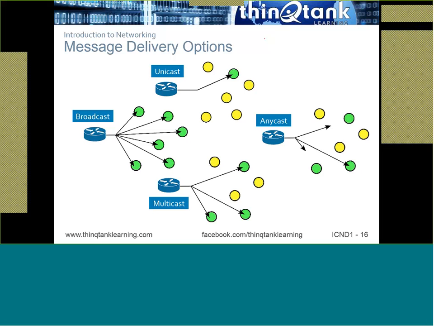All right? With Anycast, what we do is we assign an address to a service, like DNS. And every DNS server gets the same Anycast address. And when you program your host, you give that host that Anycast address. So with a DNS query, the infrastructure components, the routers, send that request to the closest or the nearest DNS server. All right?